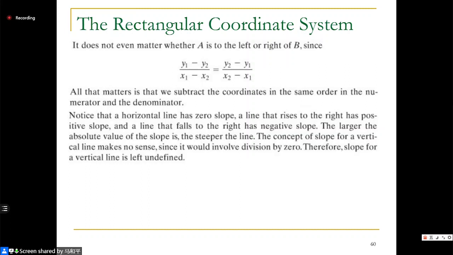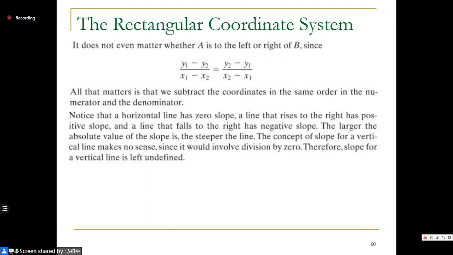And then, this line passes through x1, y1. Now can you write the equation of this straight line? We know this is a point and the slope, so we can write the point slope form. For example, we have a fixed point x1, y1.